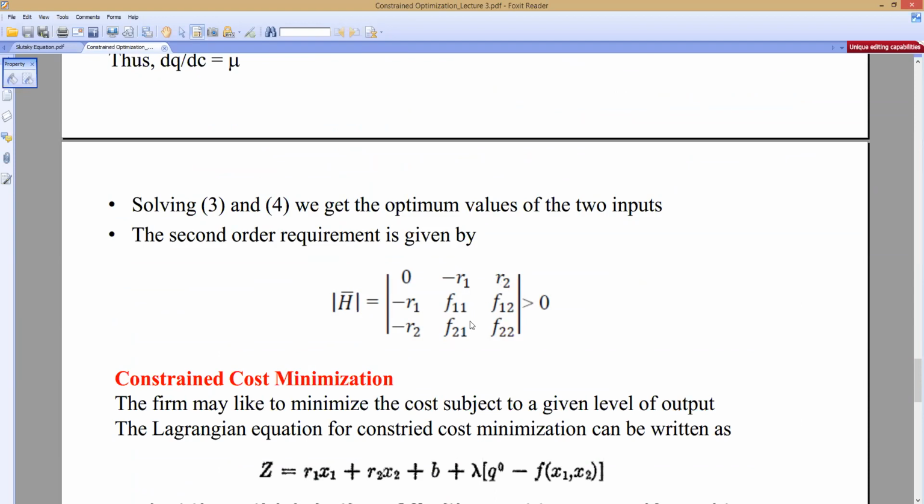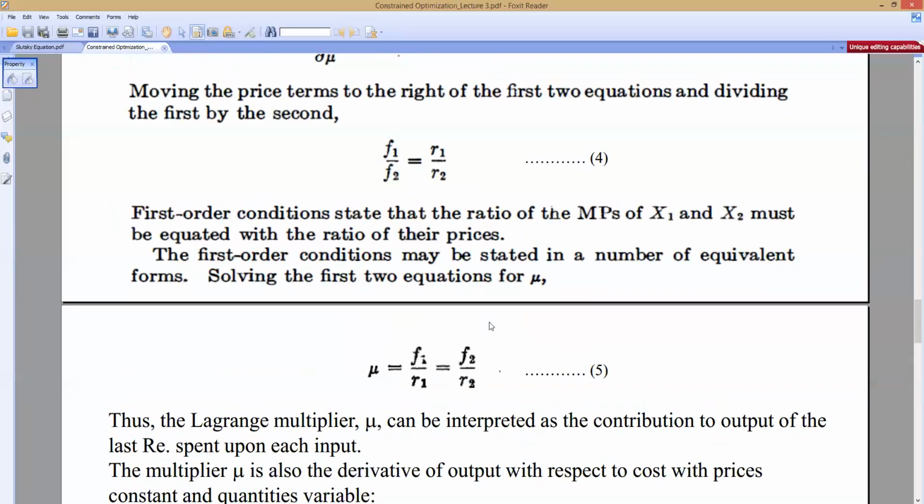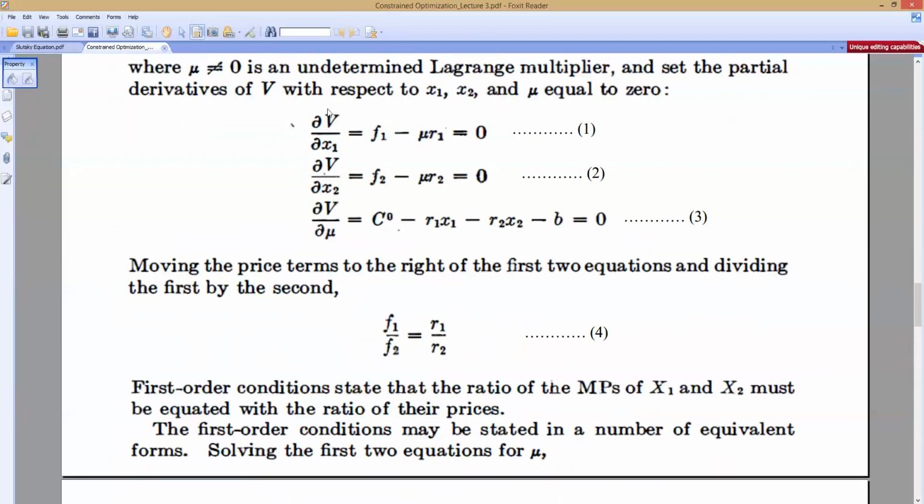And this F11, F12, F21, and F22, we are getting by taking the derivatives del square V by del x1 square, del square V by del x2 square, del square V by del x1 del x2, del square V by del x2 del x1.